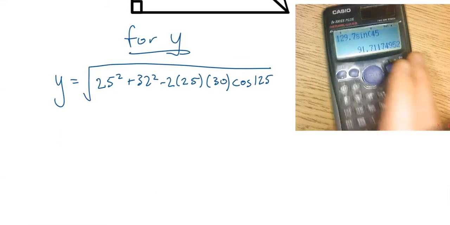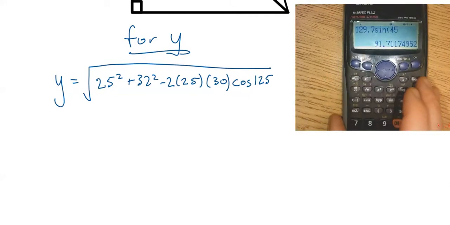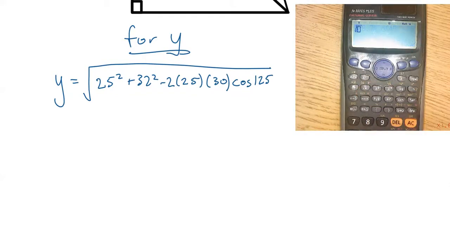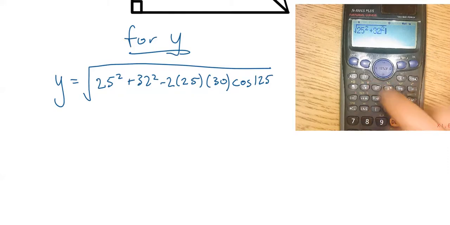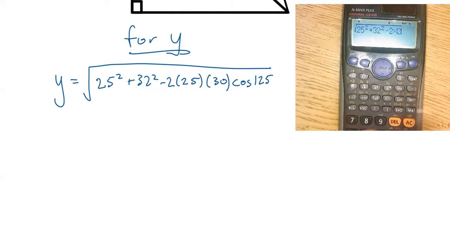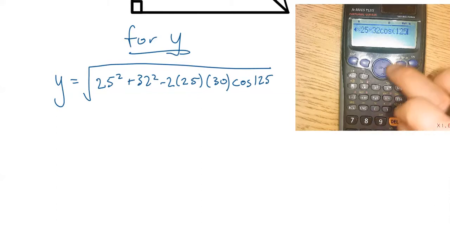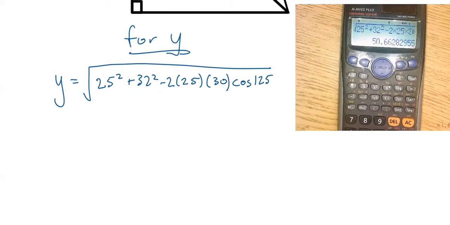And since I wrote it down that way, I don't have to rearrange. I can just punch it into my calculator. Cos 125 bracket. 50.6628. Again, keeping 4 decimal places where possible.